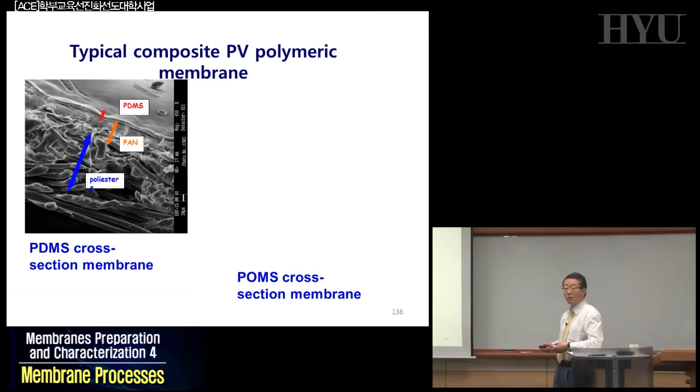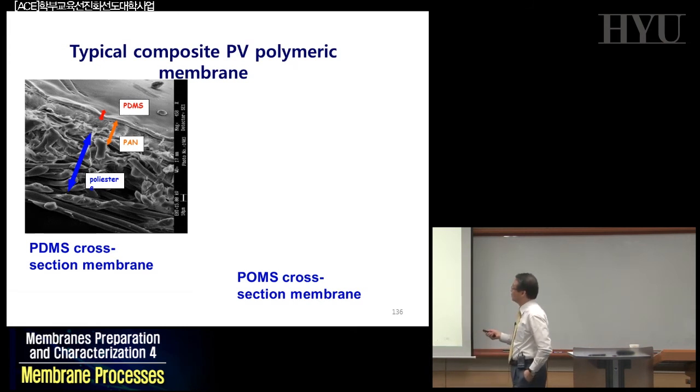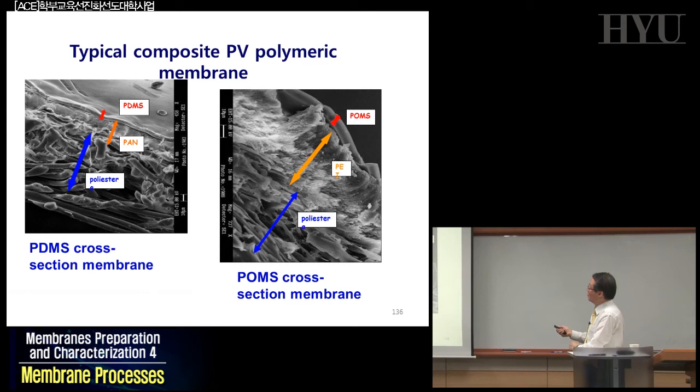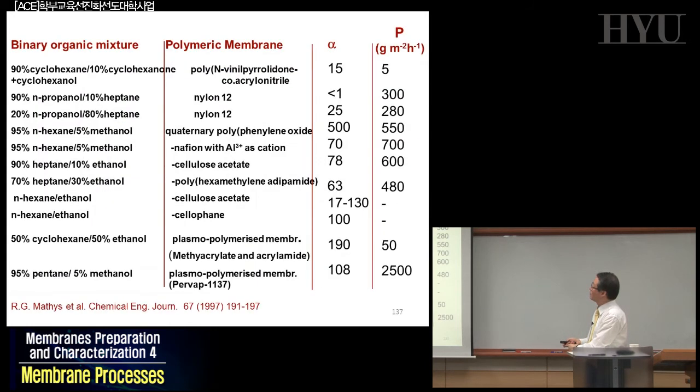PDMS is the silicone rubber coating of the membrane on top of the polyacrylonitriles, and the organomethyl silane cross-linked membrane contains some hydrophobic, oligomeric siloxane coated membrane on top of the polyethylenes, and the polyester fabric or the nonwoven fabric could be utilized as a support.